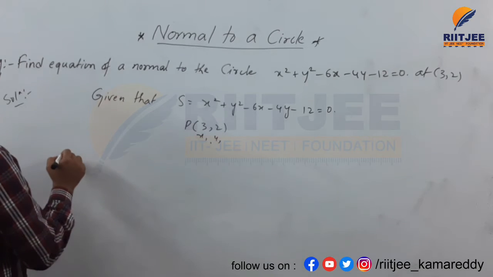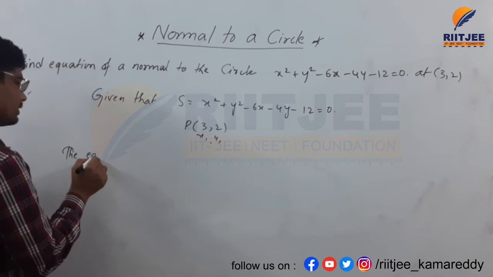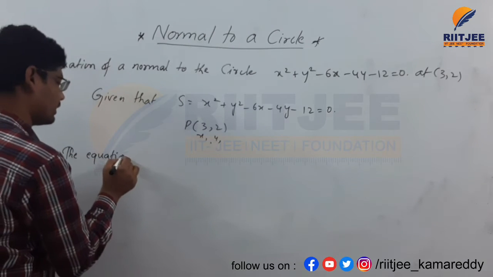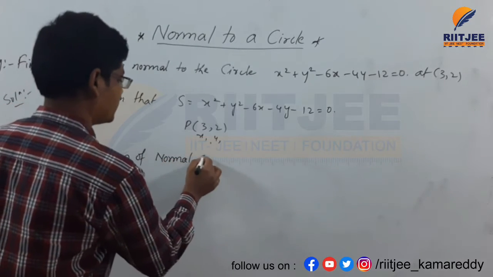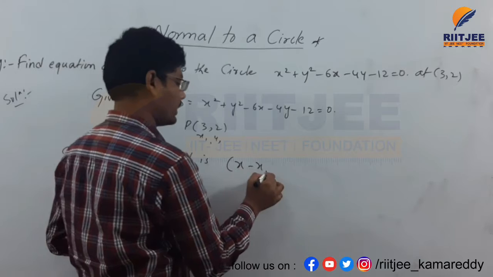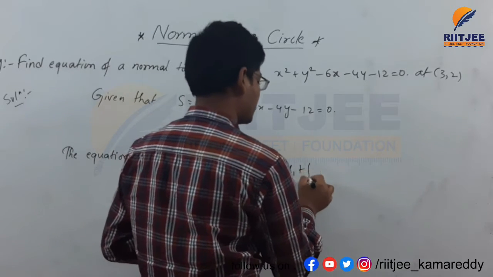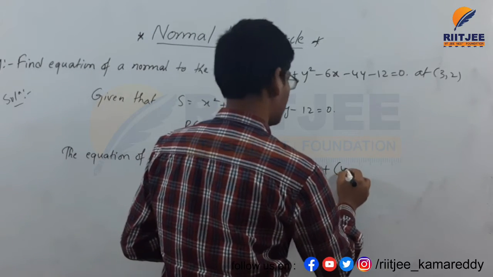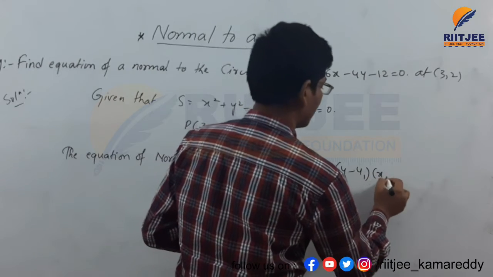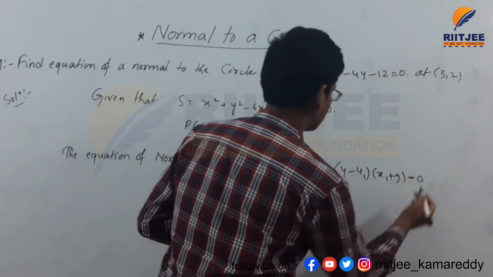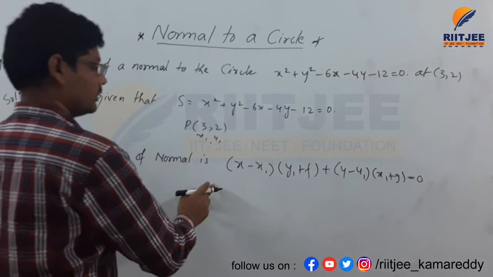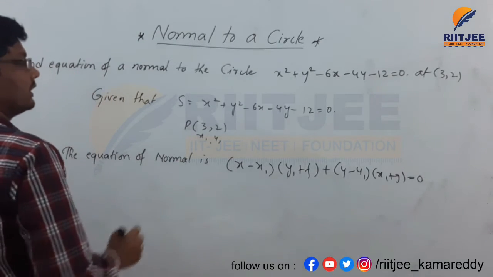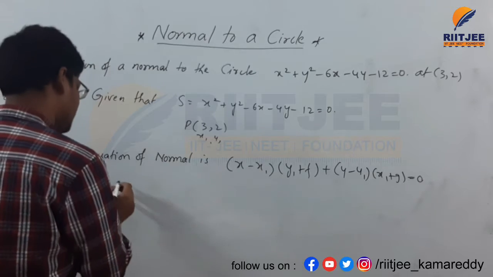The equation of normal is x minus x1 into y1 plus f plus y minus y1 into x1 plus g is equal to 0. Let's substitute the values here. Here we need to find g.